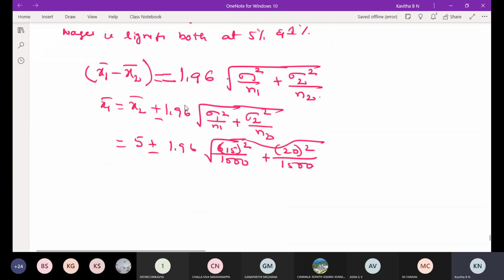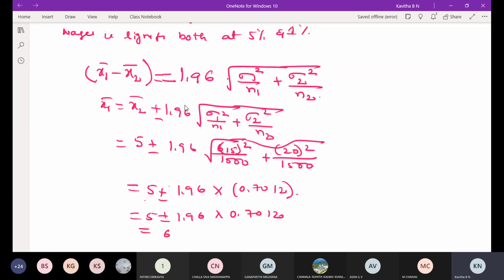Then simplify: 5 plus or minus 1.96 into 0.7012. Simplify, and you get 5 plus or minus 1.374.